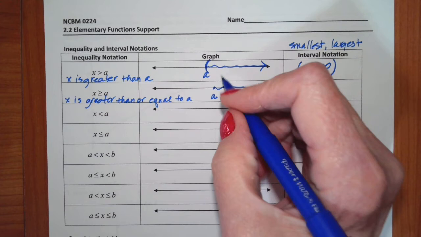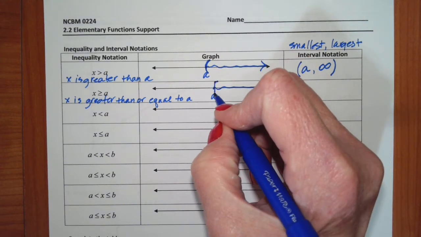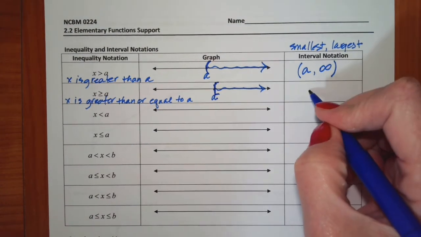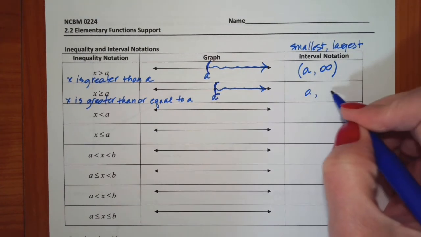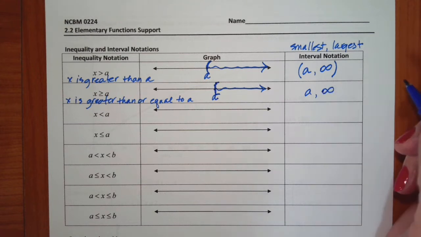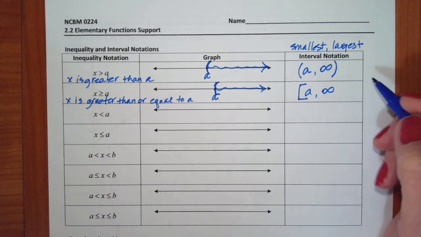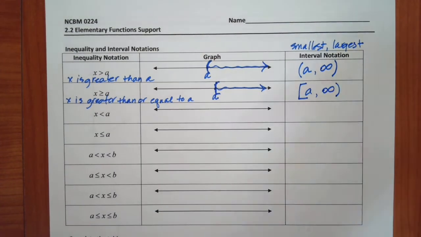But to show that it includes the a, instead of a parentheses, we're going to have a bracket. Okay, so our smallest value is a, our largest value is infinity. We're going to put a bracket at the a, and infinity always gets a parentheses.